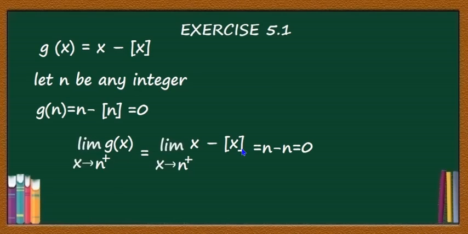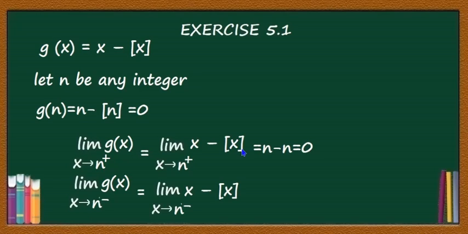Similarly, let us find the left hand limit, that is limit as x tends to n minus of g of x, that's equal to limit as x tends to n minus of x minus box x. And here also, as x tends to n, x equal to n only. But as x tends to n minus, what is box x? You just have to observe. If n equal to 2, and 2 minus means slightly less than 2, for example 1.99.